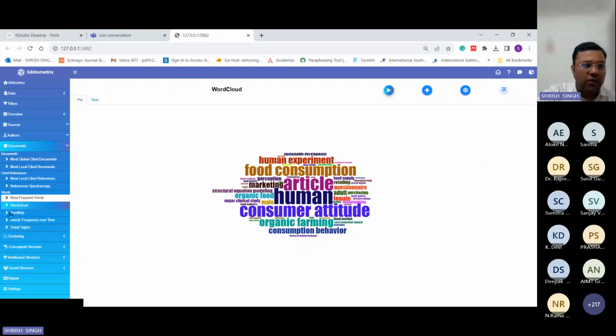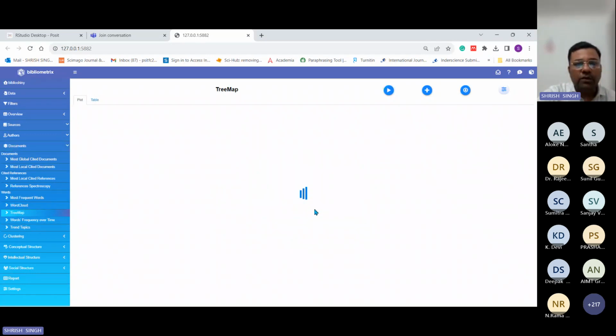Similarly, this is the word cloud, and you can see the same thing in terms of a tree map. You can use this tree map also in your research paper. That is completely up to you, in whichever manner you want to represent the information. If you find this word cloud more interesting, you can report that.